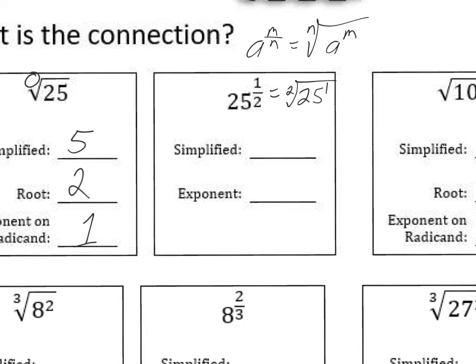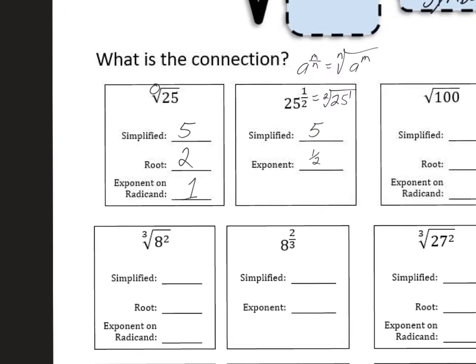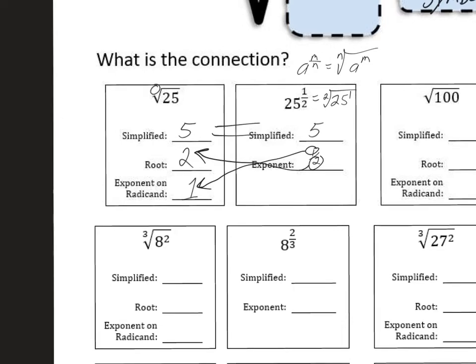The square root of 25 is just 5, and my exponent is 1 over 2. If you notice, these two pieces are the same. The 2 went here because it's the root, and this part went down here because it's the exponent.